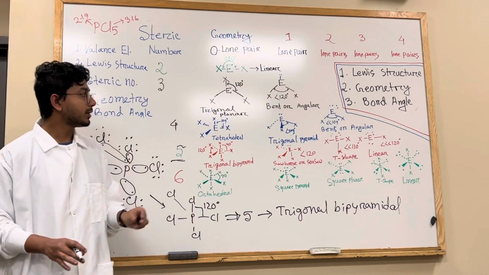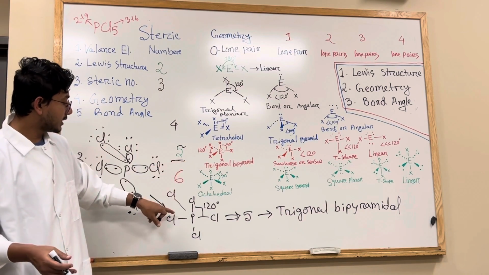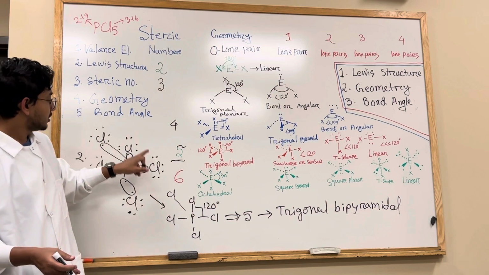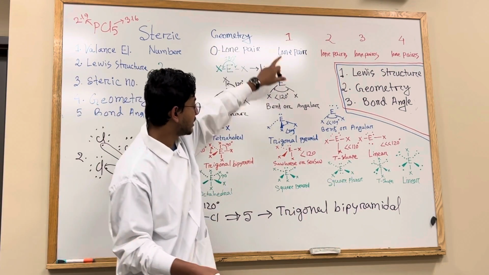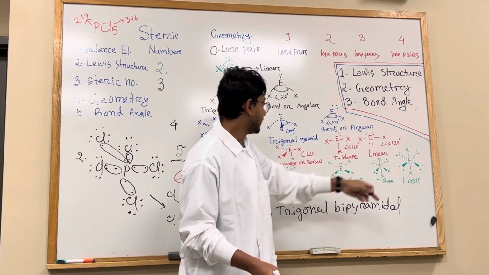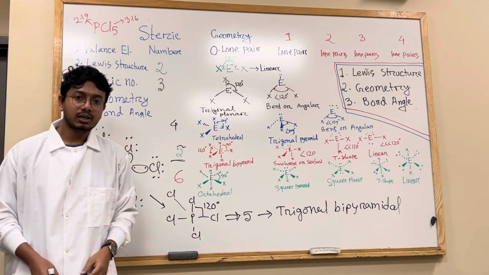But suppose it has one lone pair, it will go like a seesaw; for 2 lone pairs, T-shape, and others. Here there is no lone pair. I think you got that.